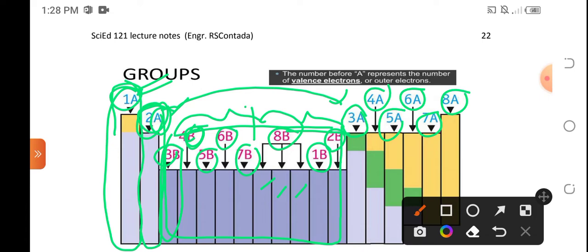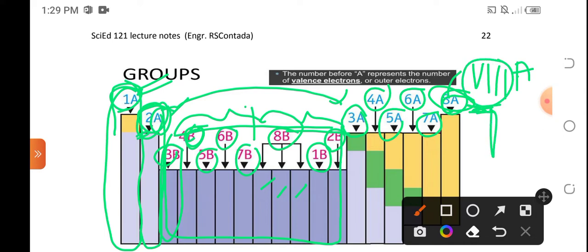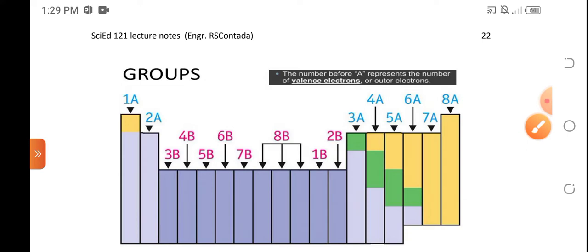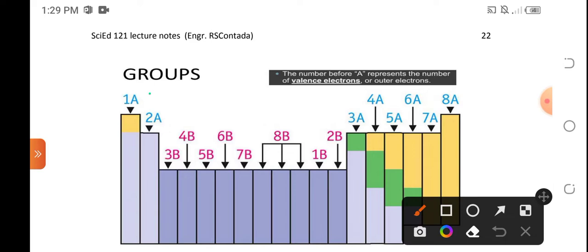If we are using A and B, meron siyang number. Usually, dun sa mga periodic table, these are written with a Roman numeral, like 8A is VIIIA. Pero meron din namang mga periodic table na hindi gumagamit ng 1A, 2A.